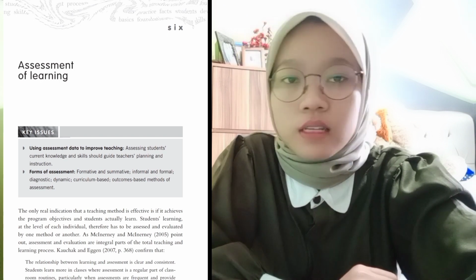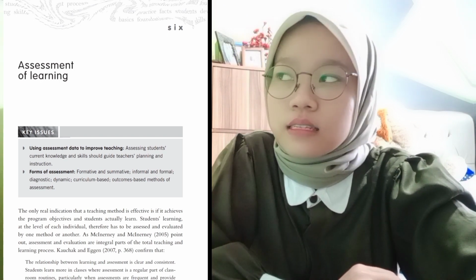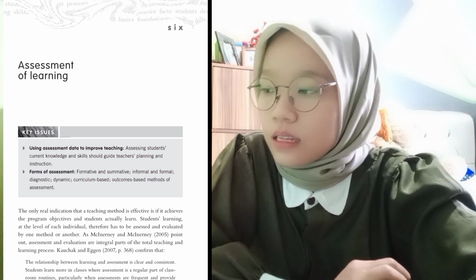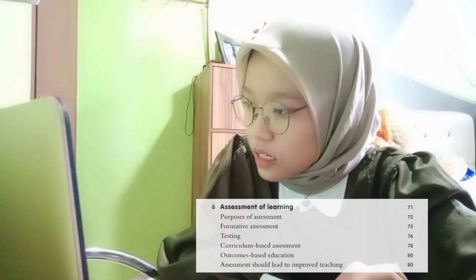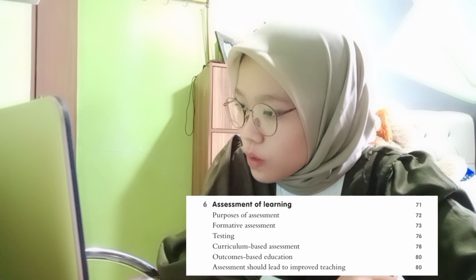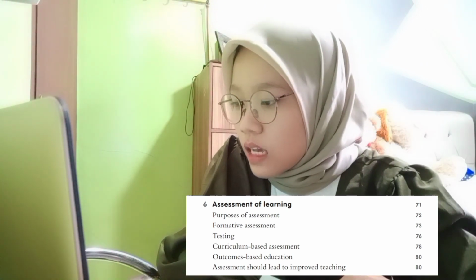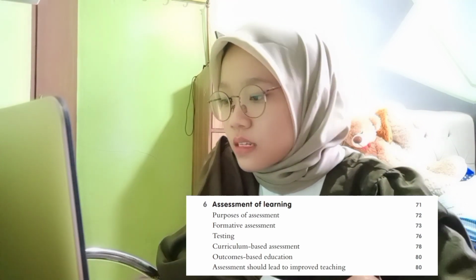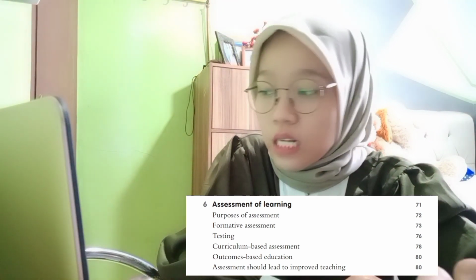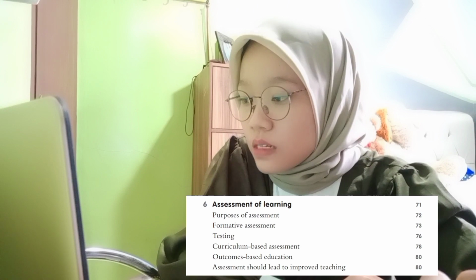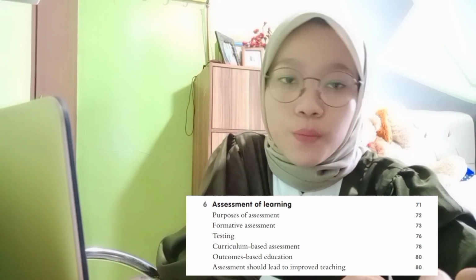Forms of assessment are included. In this chapter 6, there are many subchapters: purpose of assessment, formative assessment, testing, curriculum-based assessment, outcomes-based education, and the last subchapter is assessment should lead to improved teaching.